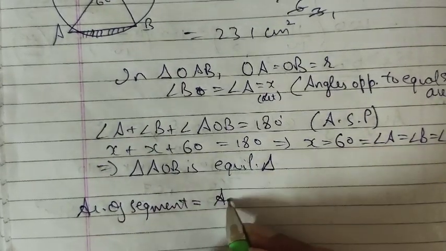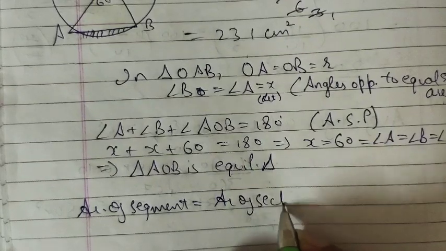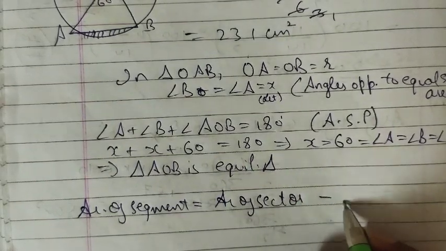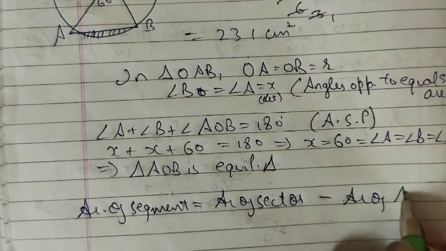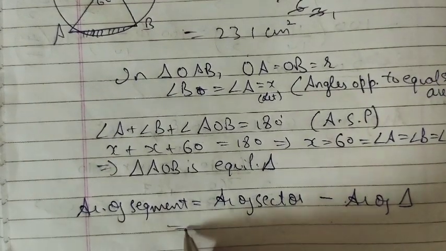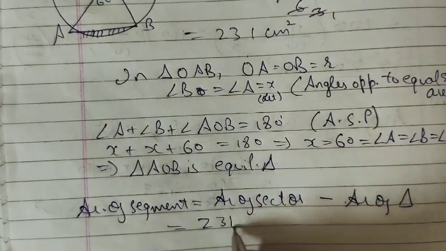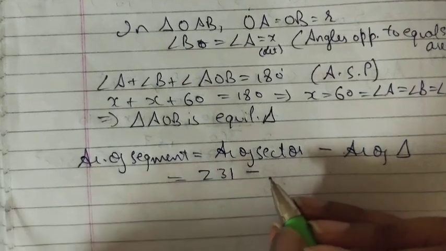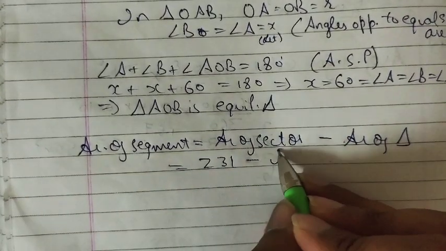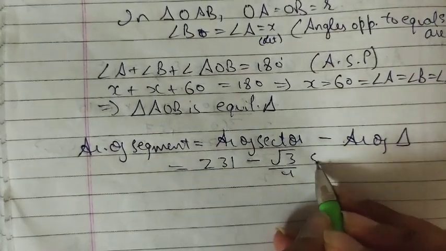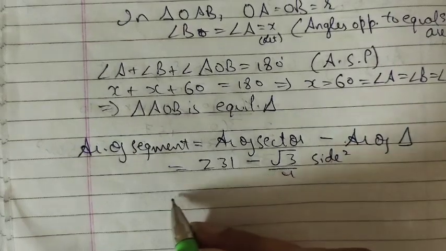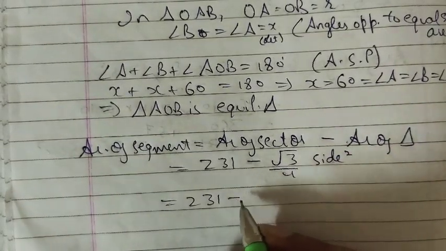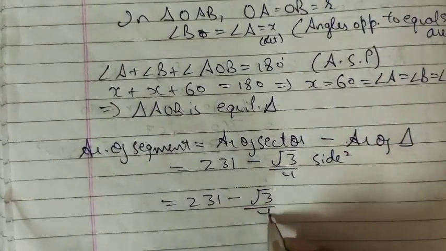area of segment is equal to area of sector minus area of triangle. Area of sector is 231 minus area of triangle. The area of an equilateral triangle formula is root 3 by 4 side square, which is 231 minus root 3 upon 4 multiplied by side square.